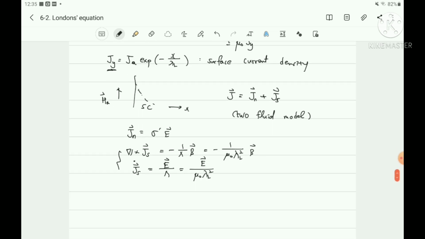A more refined theory is the Ginzburg-Landau theory, which is also phenomenological, and the microscopic theory is the BCS theory. We will describe type 1 and type 2 superconductors later. The London equation simply describes the Meissner effect and the zero resistance.